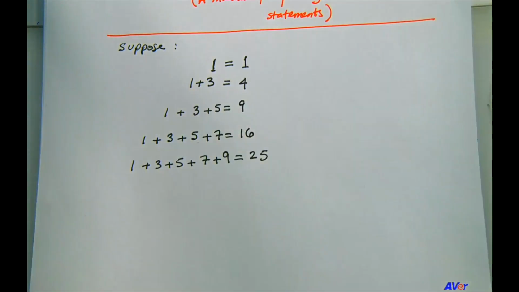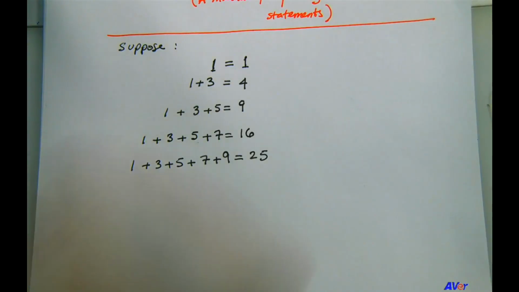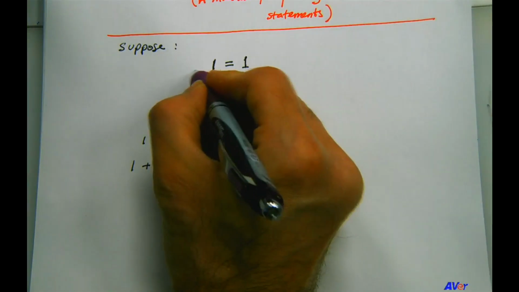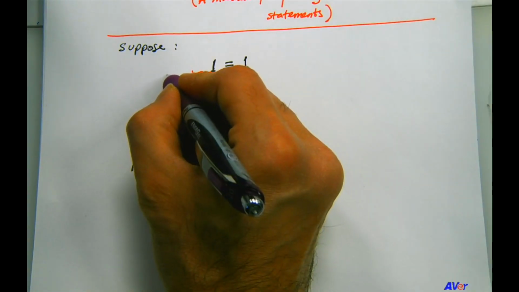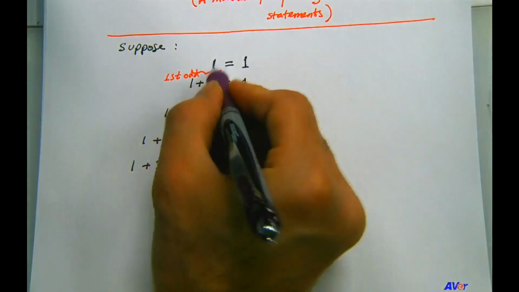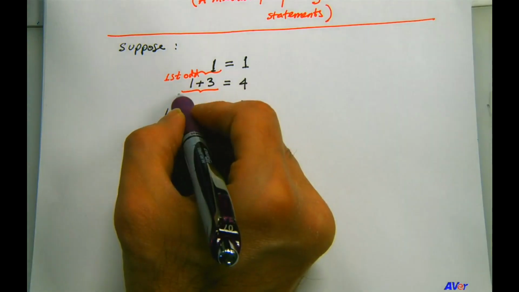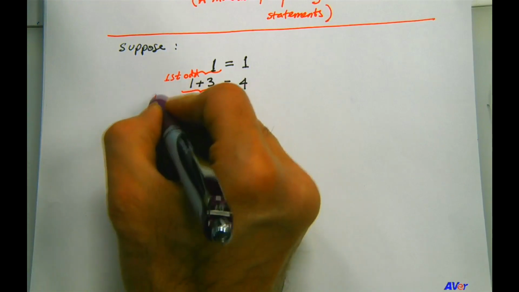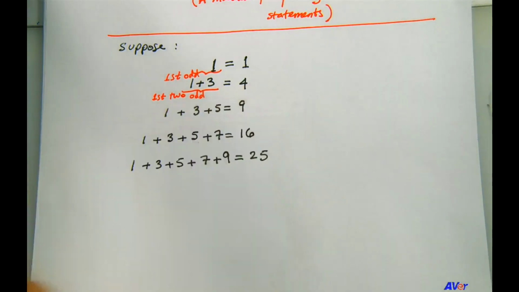So on the left-hand side, right here, we have the first odd number, that one. Here, we have the first two odd numbers.